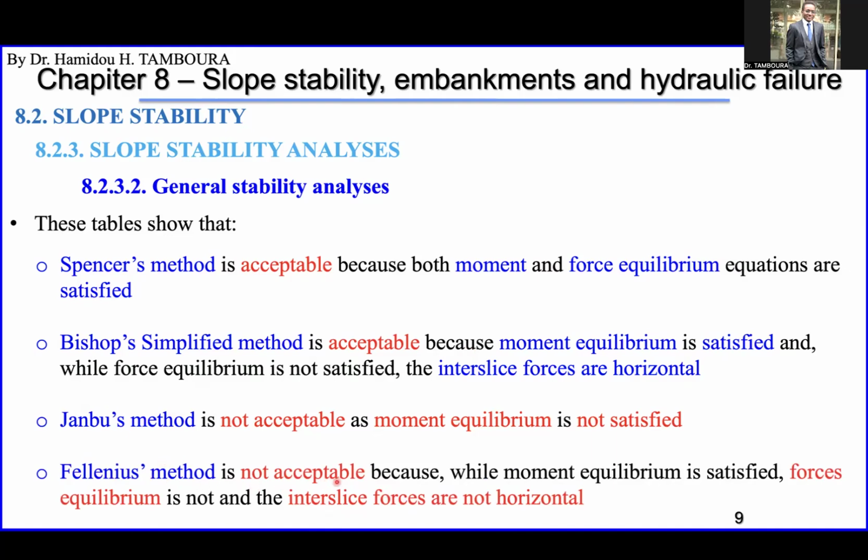Spencer's method is not... sorry, Pelon's method is also not acceptable because even if we have the moment equilibrium satisfied, forces equilibrium is not satisfied and the interslice forces are not horizontal, okay? It is almost similar to the Bishop method, but the problem is in this case, the interslice forces are not horizontal, so it cannot be accepted.